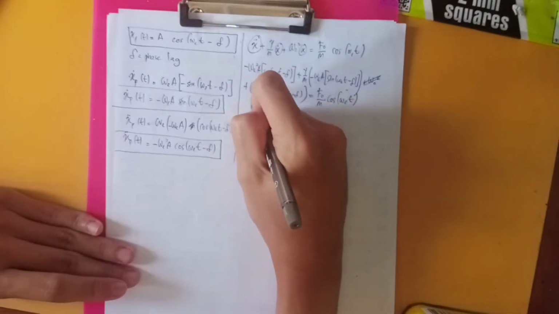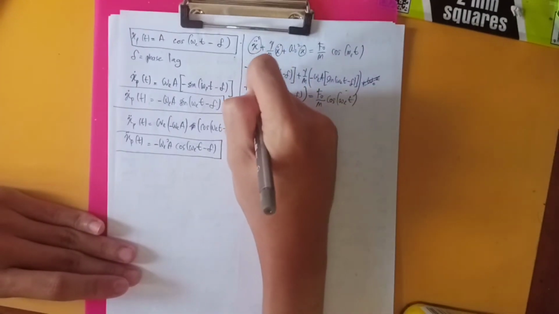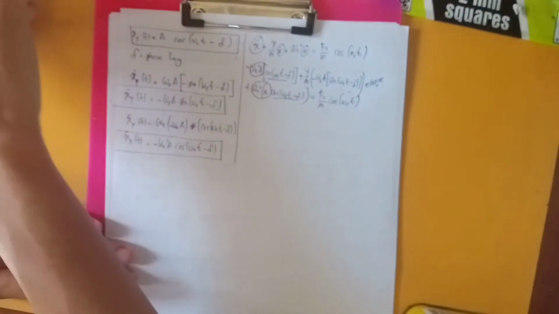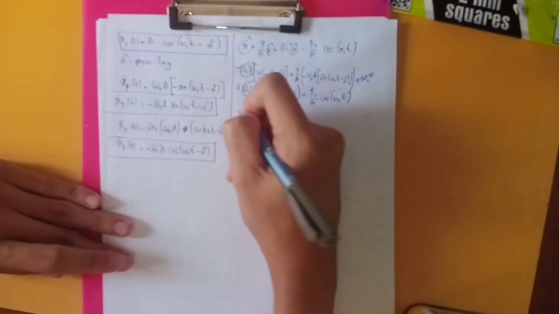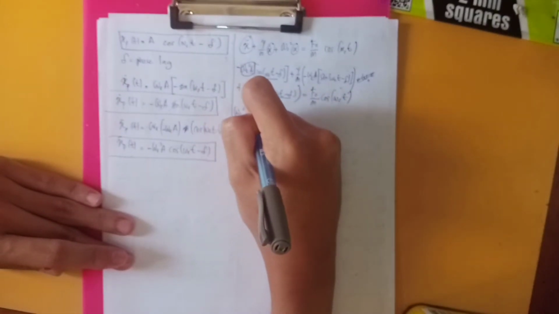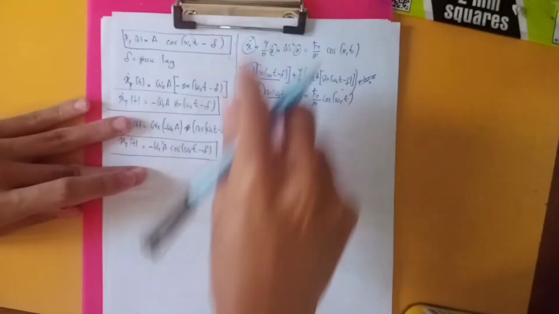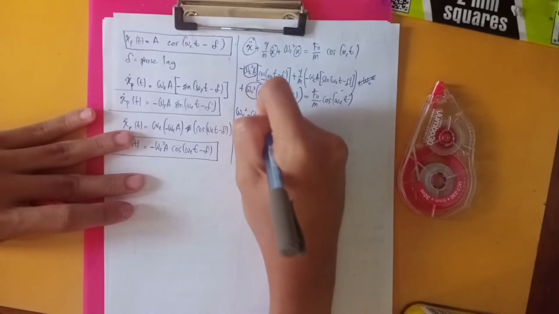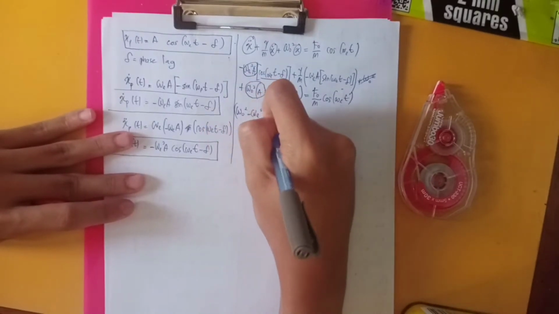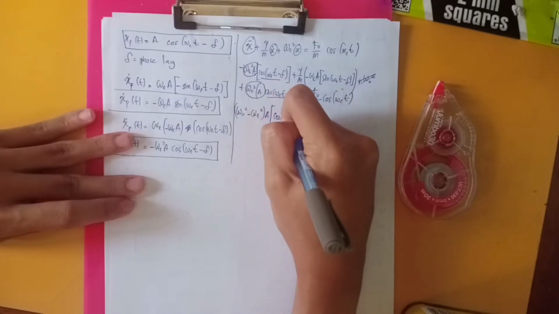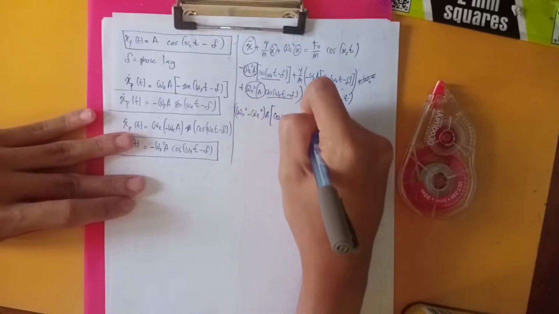Since we have the same cosine function, we get (ω_0 squared minus ω_e squared) times A times cos(ω_e t − δ).